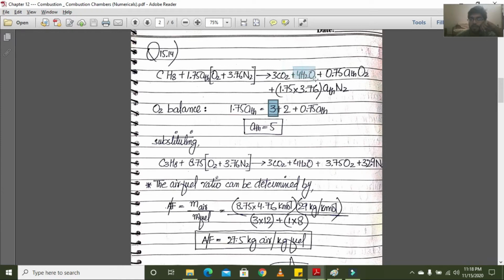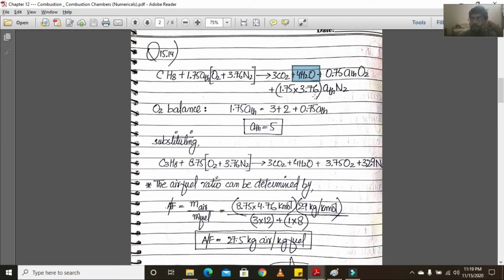Here I have 4 molecules of water vapor in the combustion product, and 1 molecule of water has 1 oxygen atom. So 4 molecules of water will have 4 oxygen atoms, and 4 oxygen atoms means that I have 2 molecules of oxygen.